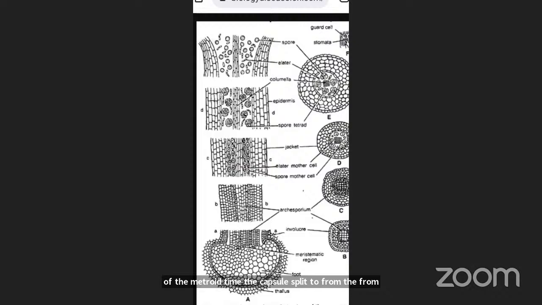Along with this, the capsular wall shows vertical splits. In dry conditions, the splitting capsule wall gets twisted. The columella and pseudoelaters help in spore dispersal.